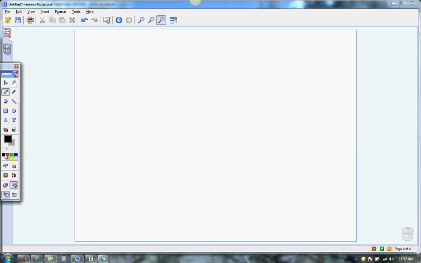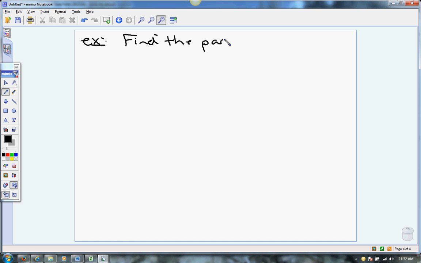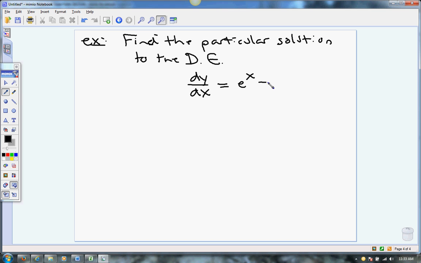Let's say that we are asked to find a particular solution to the differential equation, I'm going to abbreviate with the DE, dy dx equals e to the x minus 6x squared, whose graph passes through the point (1, 0).